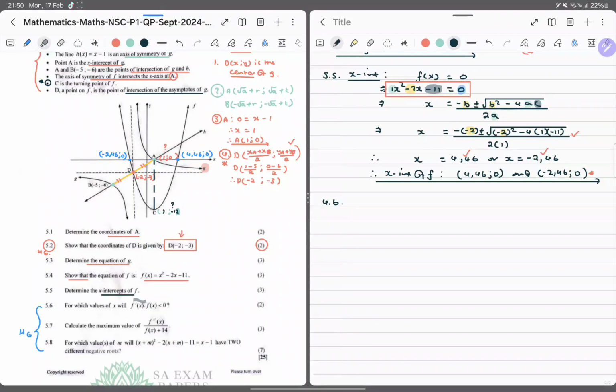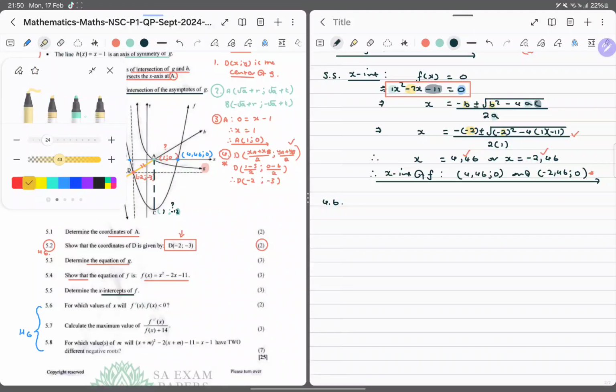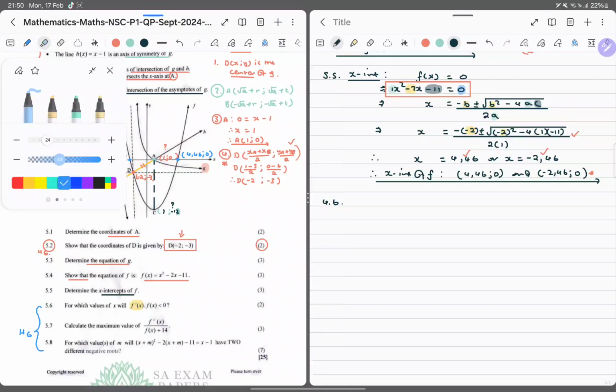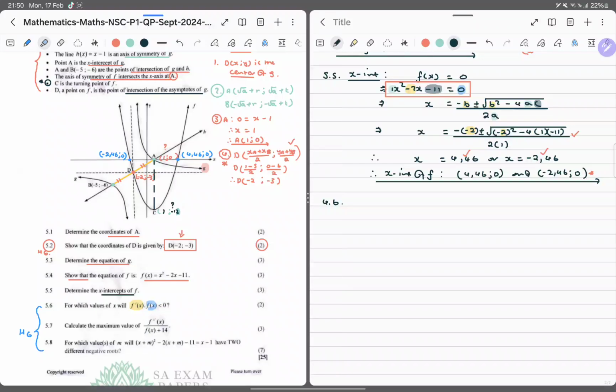Because obviously a matriculant of 2025 does not know what f prime x means, but certainly should know what f of x means. Okay, so f prime of x means gradients. But you will learn calculus, differential calculus to be specific, in term 2. This you should know from grade 10 already.